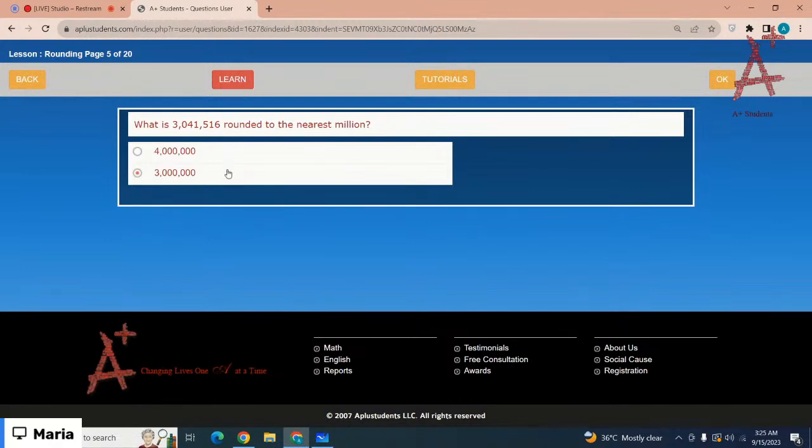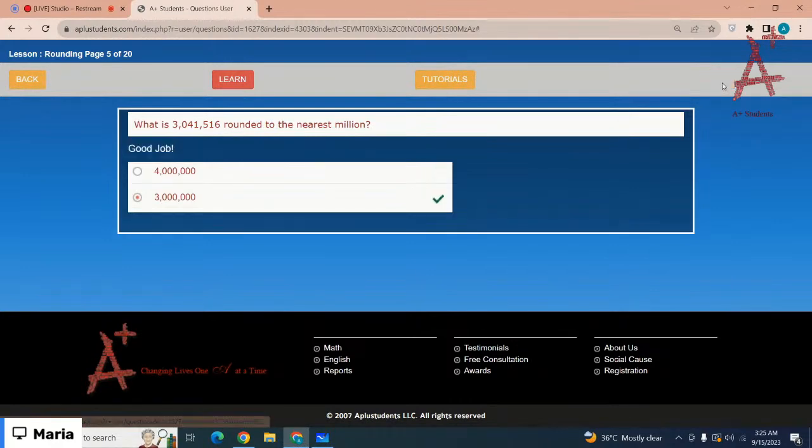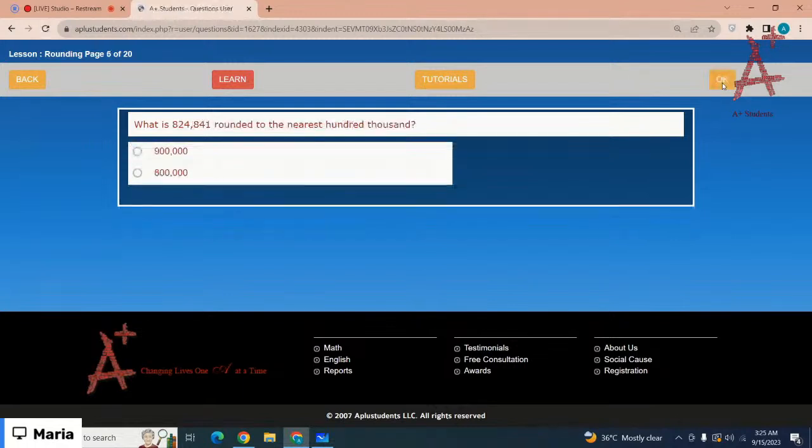That would be 3 million. The correct option is 3 million. What is 8,224,841 rounded to the nearest thousand?